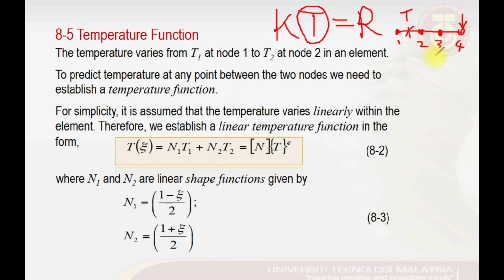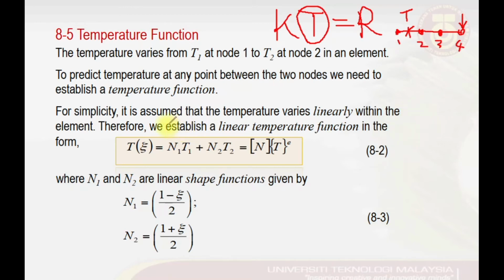So the simplest way to obtain the unknown temperature that resides in between the two known temperatures obtained from the system of linear equations is by solving the interpolation between the two known values. This process will be applied in this heat transfer process as well.